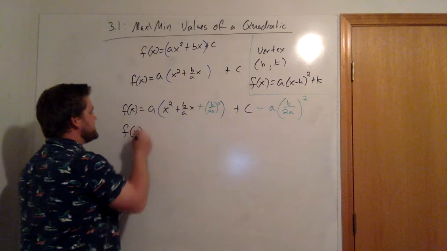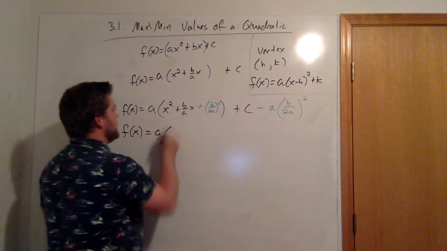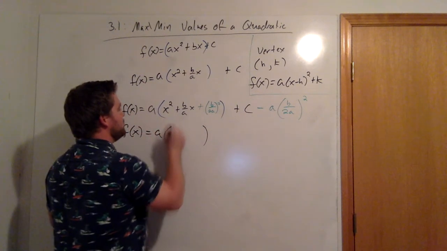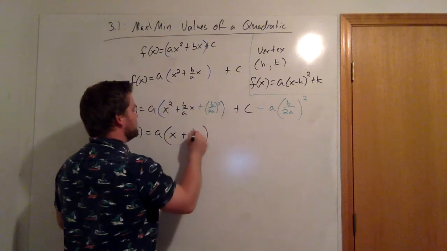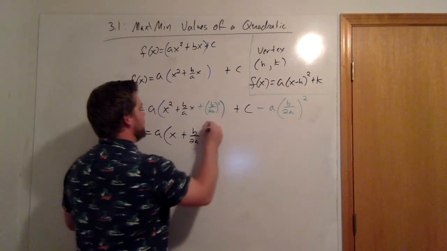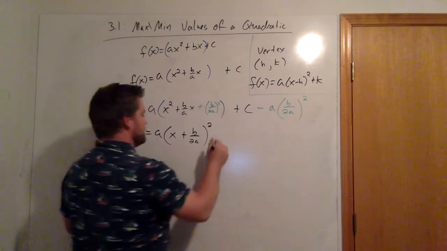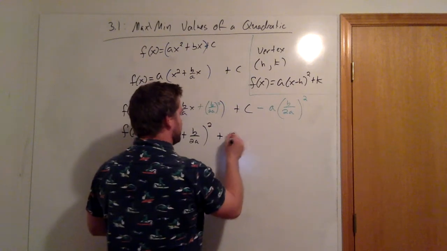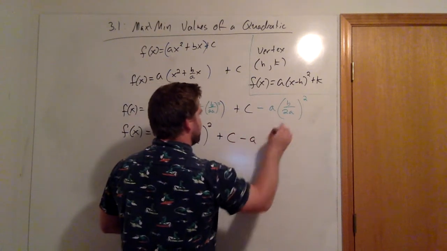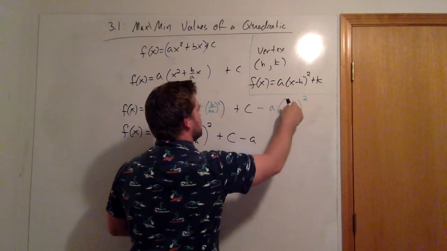So let's see how this will factor. This will be f of x, which is equal to a. This will now factor to x plus b over 2a quantity squared plus, what are we going to get? We're going to get c minus an a. Okay, so I'm going to distribute the square into the parentheses.